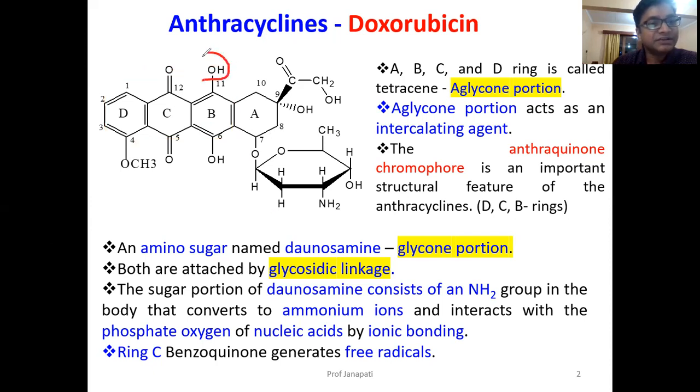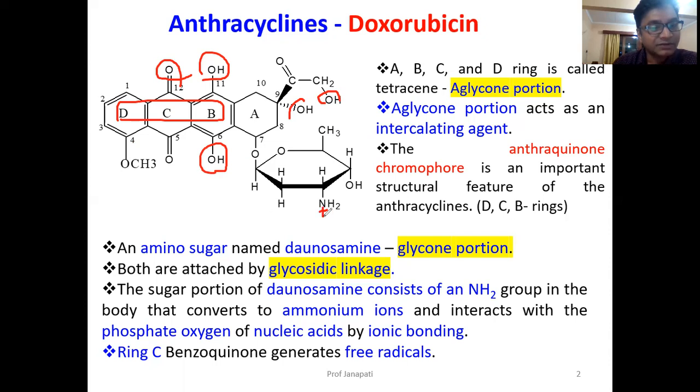Now, these hydroxyl groups and keto group, because of this chromophore group, once after entering into the DNA molecule, bind to the bases through hydrogen bonding. Now, the sugar portion has an amine group.